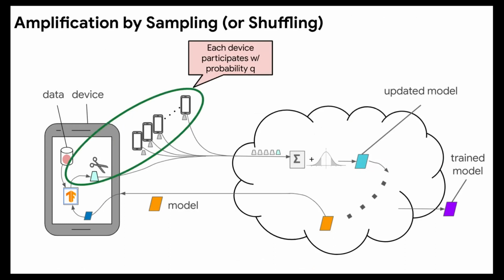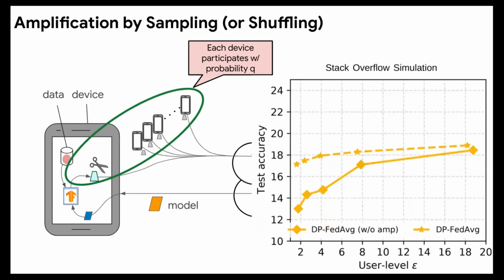The privacy-utility trade-off of the DP-FedAvg algorithm heavily depends on the assumption that each device participates with probability q. This is called amplification by sampling for differential privacy. On the right-hand side, I show a simulation curve on Stack Overflow.